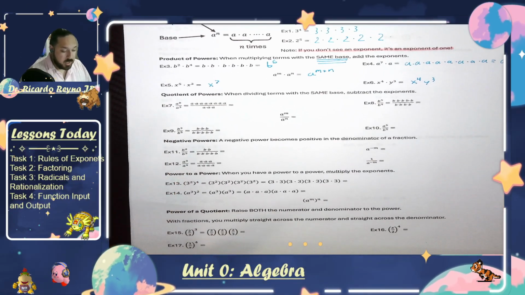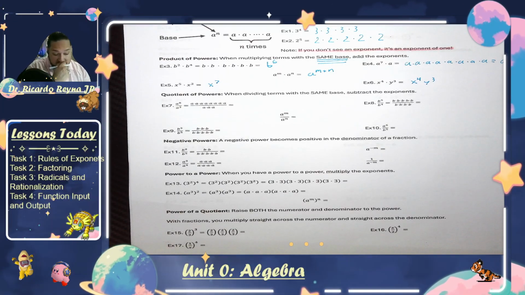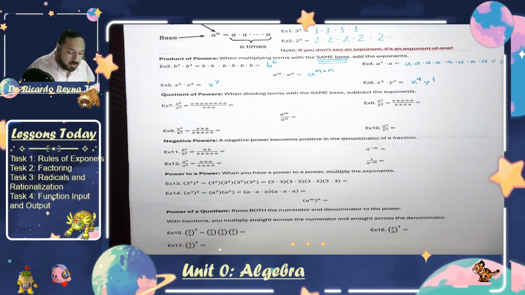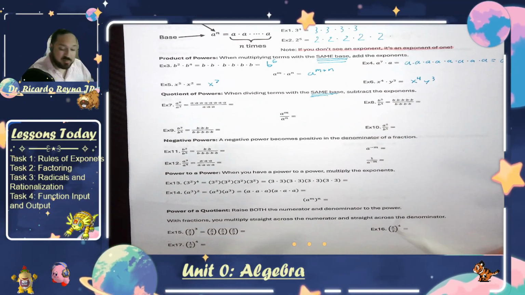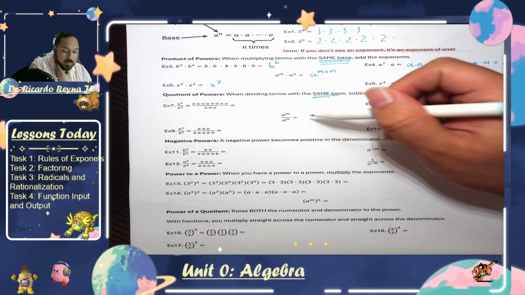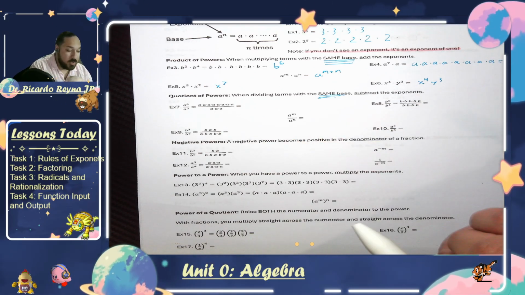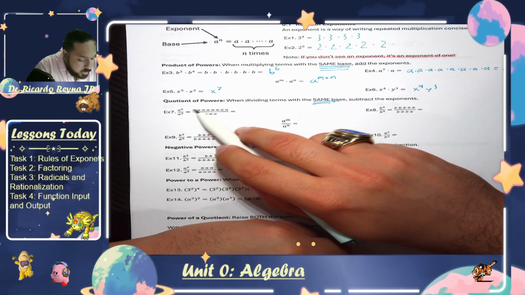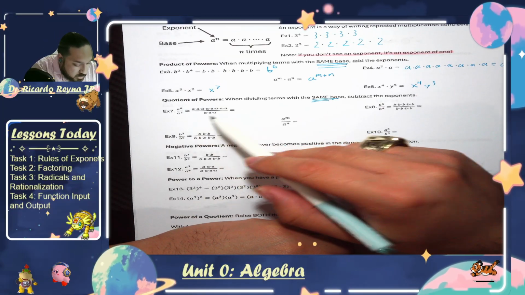All right, now quotient of powers. This is a little tricky. It involves division. And when dividing terms with the same base, again, same base, we subtract those exponents. So, I'm not going to show you the rule first. I want to show you these two visualizations first. We see here that I have 8 a's on the top and 3 a's on the bottom.